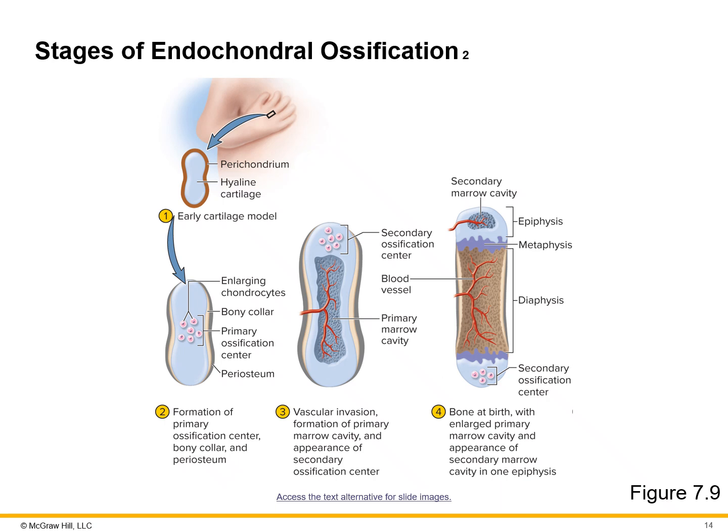So notice the roots that I'm using are chondro, which means cartilage. So we have the perichondrium, not periosteum. So it's the area around the cartilage. And then we're going to have enlarging chondrocytes, right? So those are going to be cartilage cells.